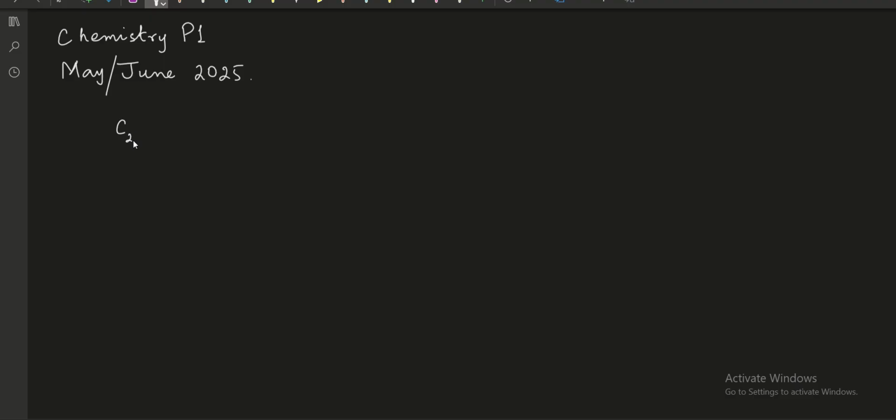Ethene is C2H4. It's a gas, plus oxygen, which is also a gas. And since it is combustion, and in combustion the products are always carbon dioxide, which is also a gas, plus water. Now we need to balance this equation. It is balanced now.